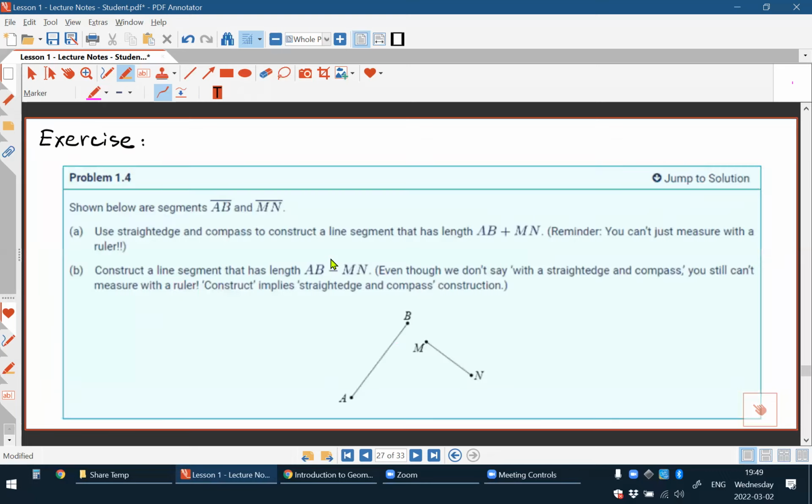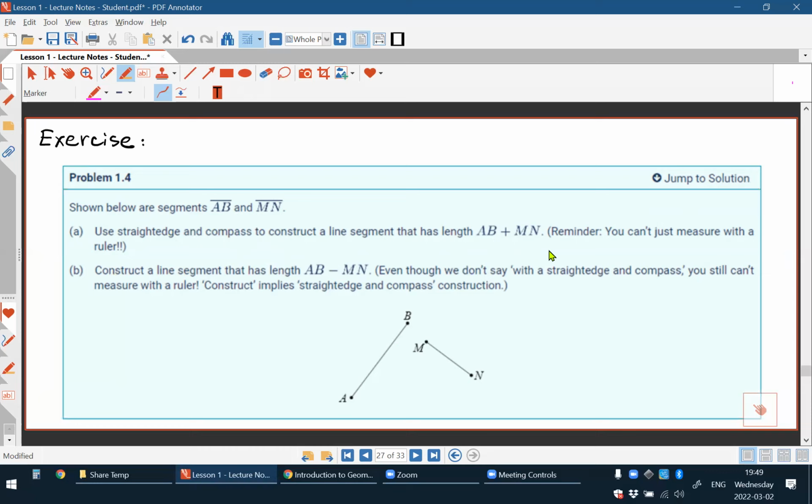And let's do another exercise. Okay, so the following diagram shows 2 segments, AB and MN. Use your straight edge and compass to construct a line segment that has length AB plus MN.